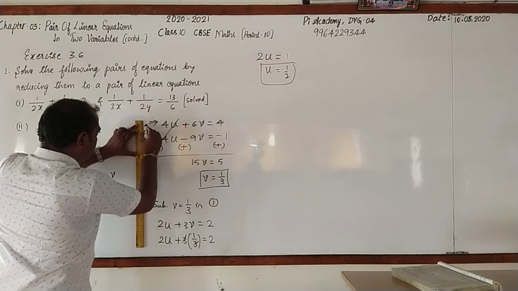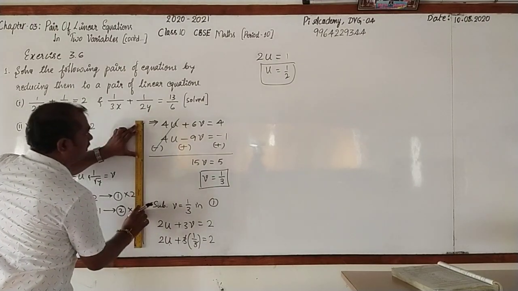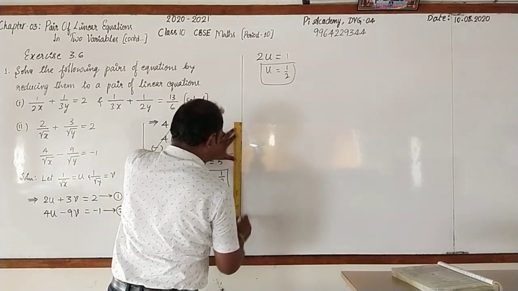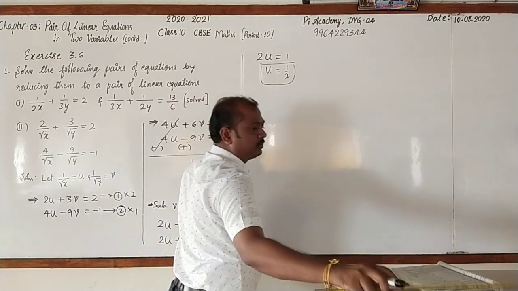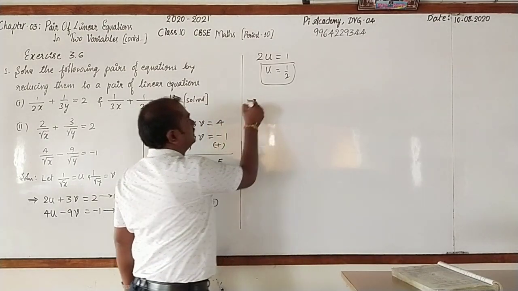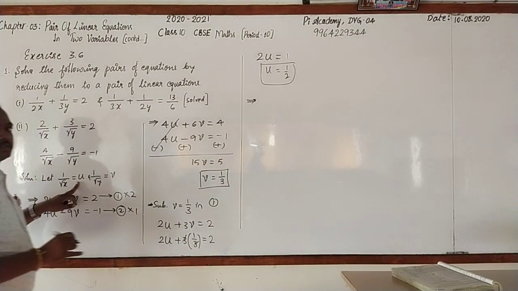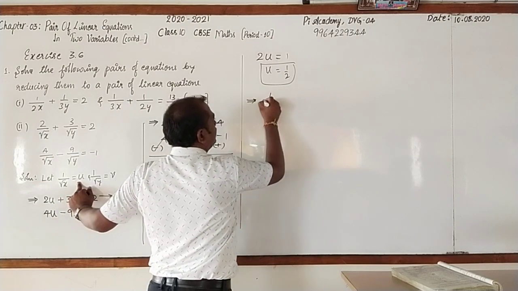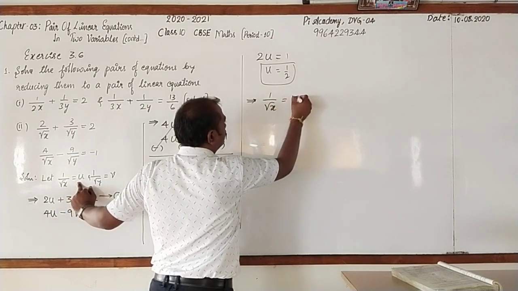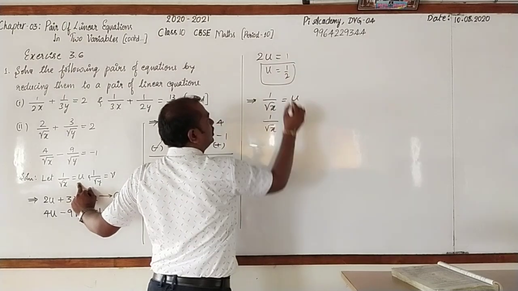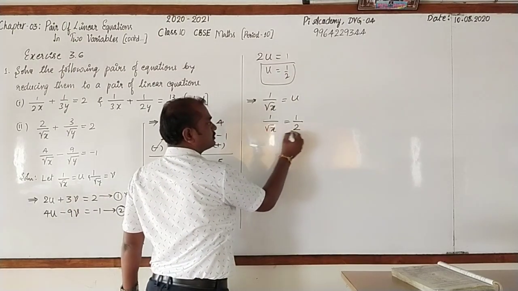Now, we are moving to find out x and y values. Here, to find out x, what should we take? Yes, you are right. That is u. What is u? U is 1 by root x. 1 by root x is equal to u, and u is 1 by 2. Cross multiply.